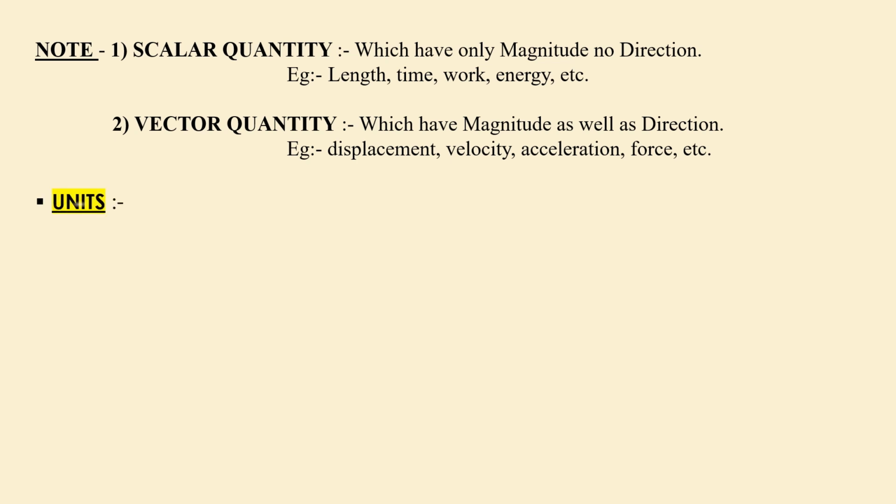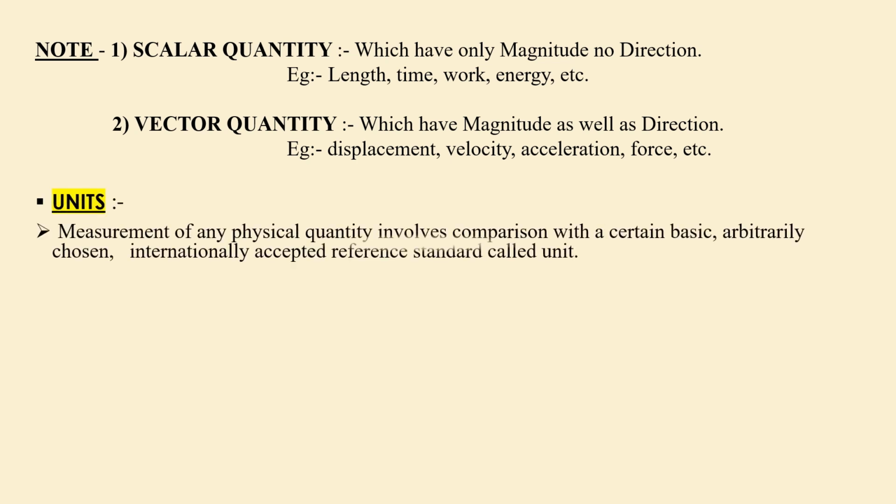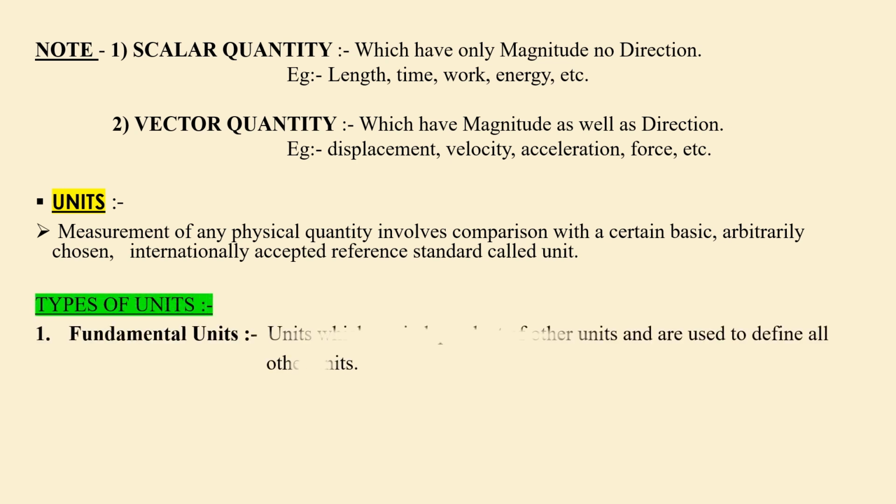Next is units. Measurement of any physical quantity involves comparison with a certain basic, arbitrarily chosen, internationally accepted reference standard called a unit. Types of units. 1. Fundamental units. Units which are independent of other units and are used to define all other units.